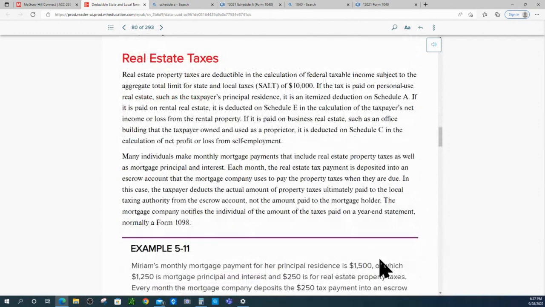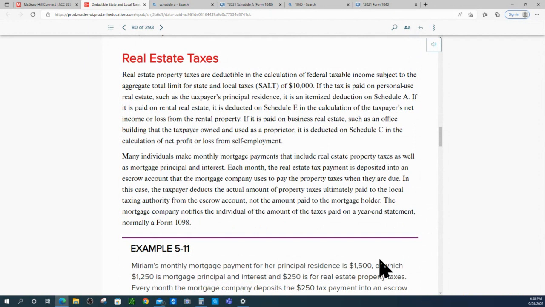All right. So personal property taxes, we kind of interlaced that with real estate taxes a little bit in a couple of our examples. But real estate taxes would be included in this. So those property taxes, like the ones that are due in a couple of days. Now, if you have a mortgage, oftentimes, probably most times, those property taxes are paid through the mortgage.